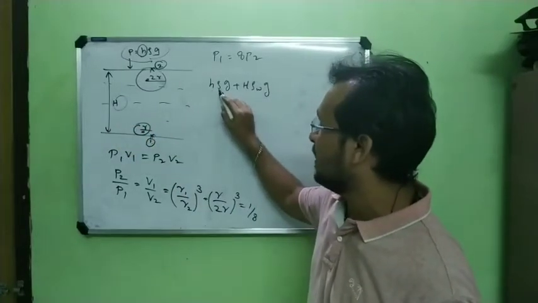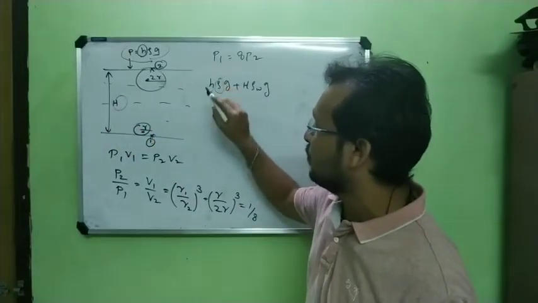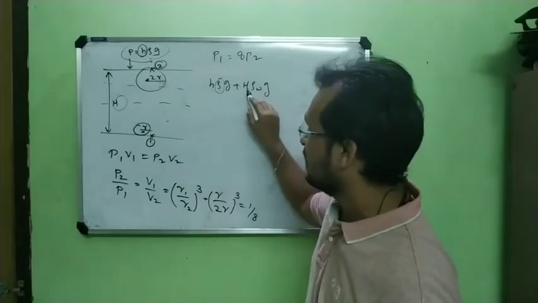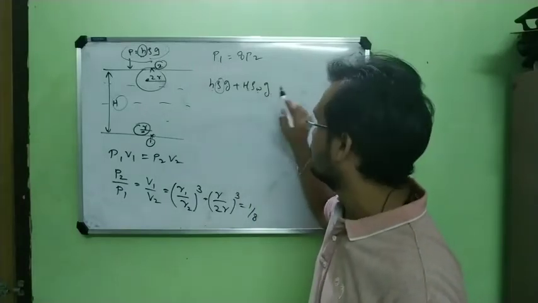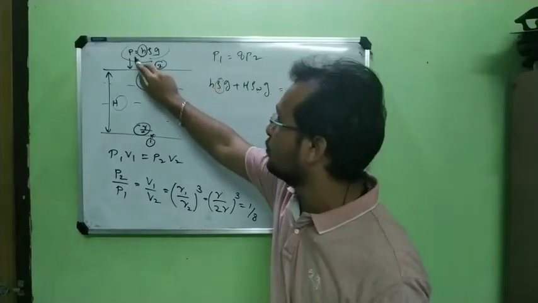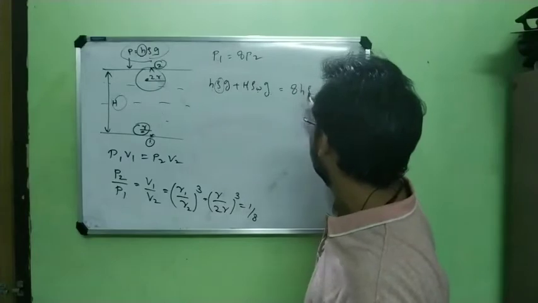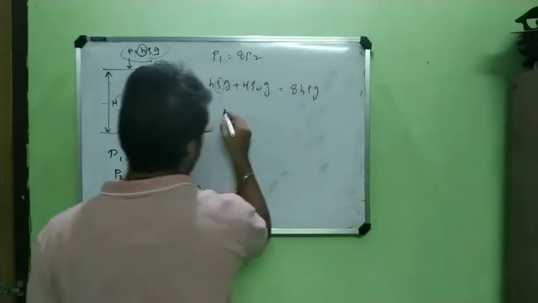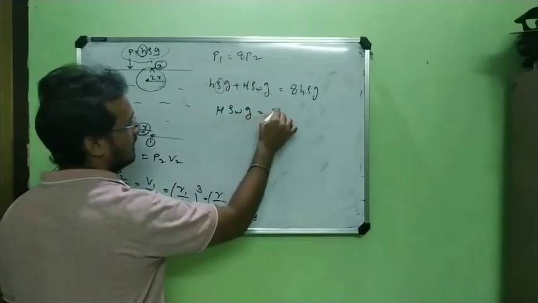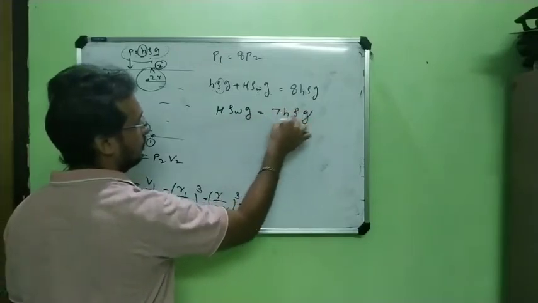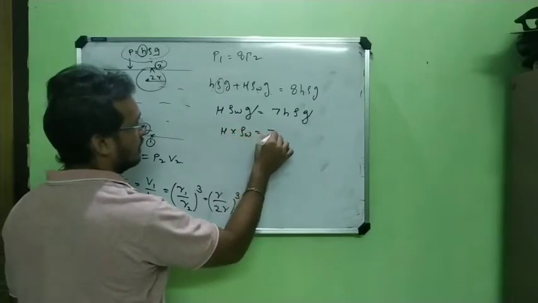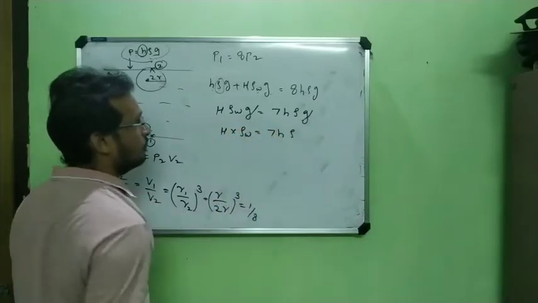Atmospheric pressure is given by H rho g, remember this rho is the density of mercury, and the depth of water is capital H. This equals 8 times the pressure at point 2, which is H rho g itself. You will get capital H rho W g equal to 7 H rho g. Rho g will cancel, so H into rho W equal to 7 H into rho.